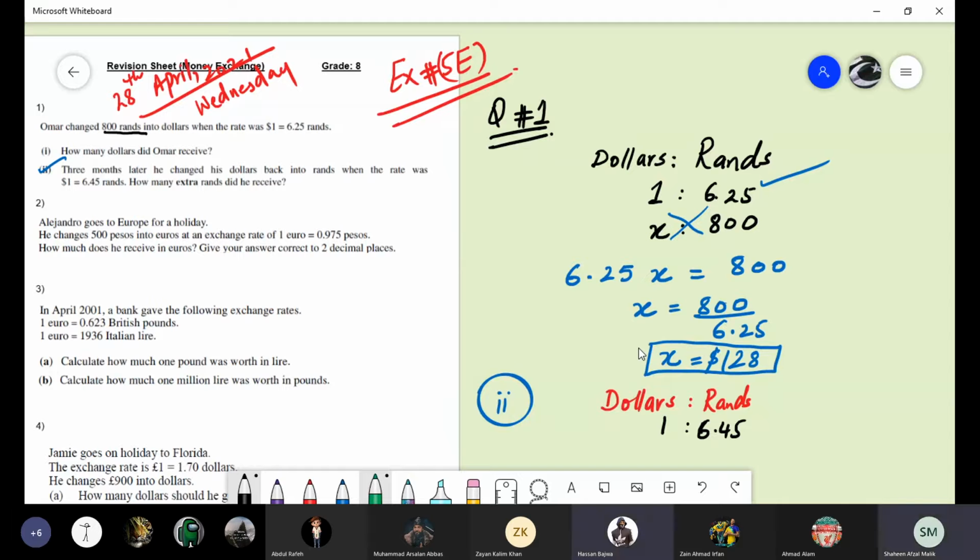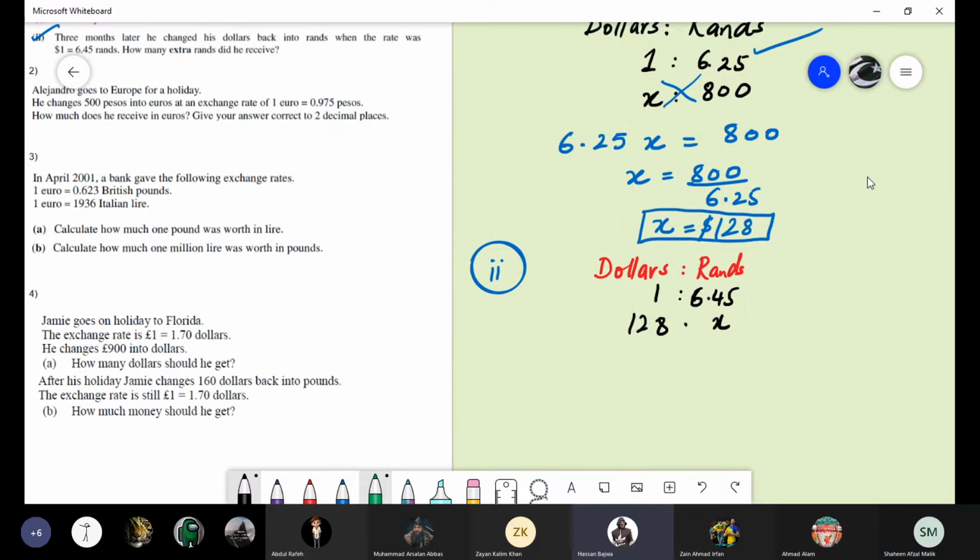What do you want to change this time? Dollars to rands. So we have $128 and $128 into rands, X. Okay, so cross multiply. X is equal to 128 multiplied by 6.45.